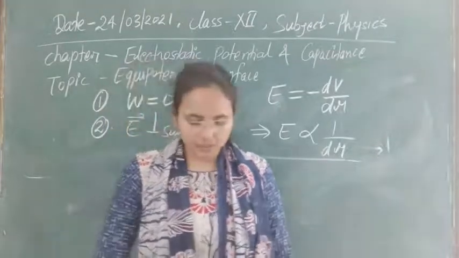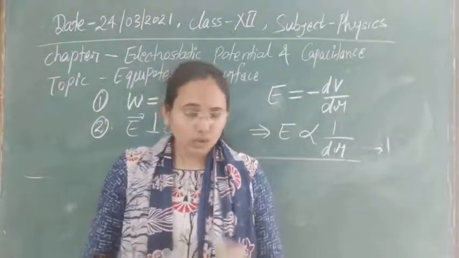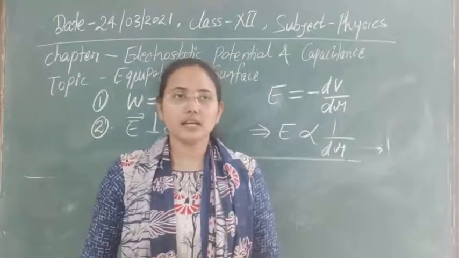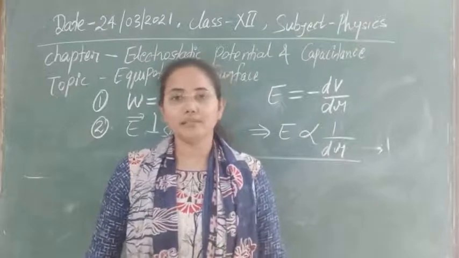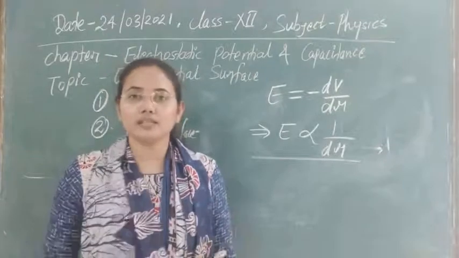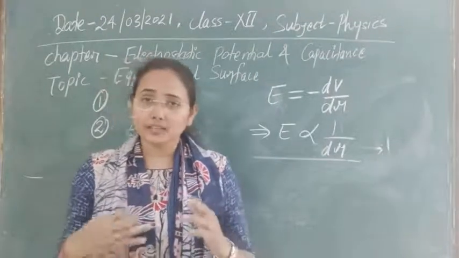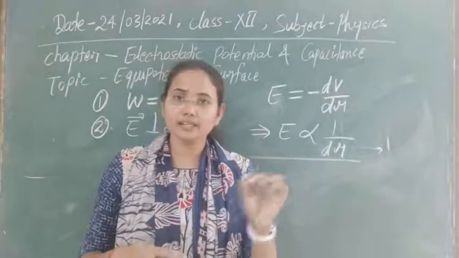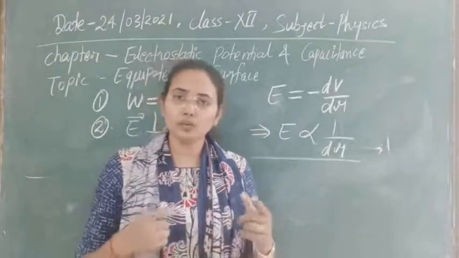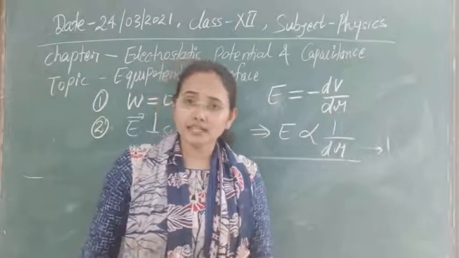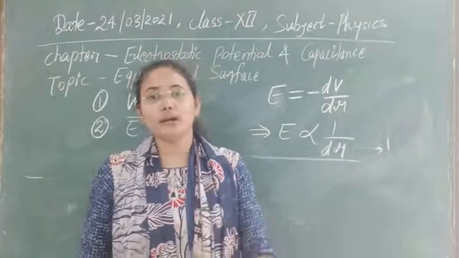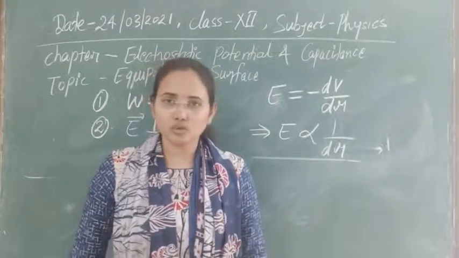The next and last property is that no two equipotential surfaces can intersect each other. This is the same concept as we discussed in the case of electric field lines: two electric field lines cannot intersect each other, because if they intersect, they would represent two directions of the electric field at the same point. In the same manner, if two equipotential surfaces intersect each other, then at the single point they would represent two values of electrostatic potential, and that is not possible.